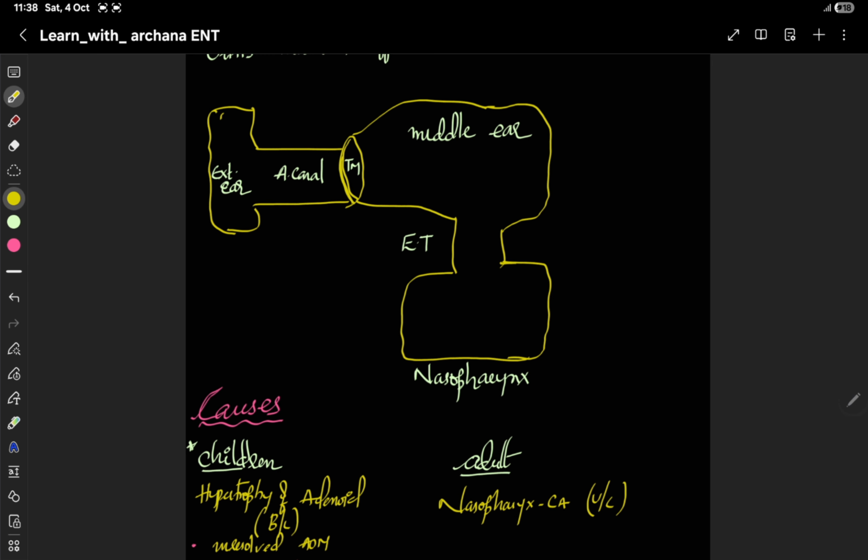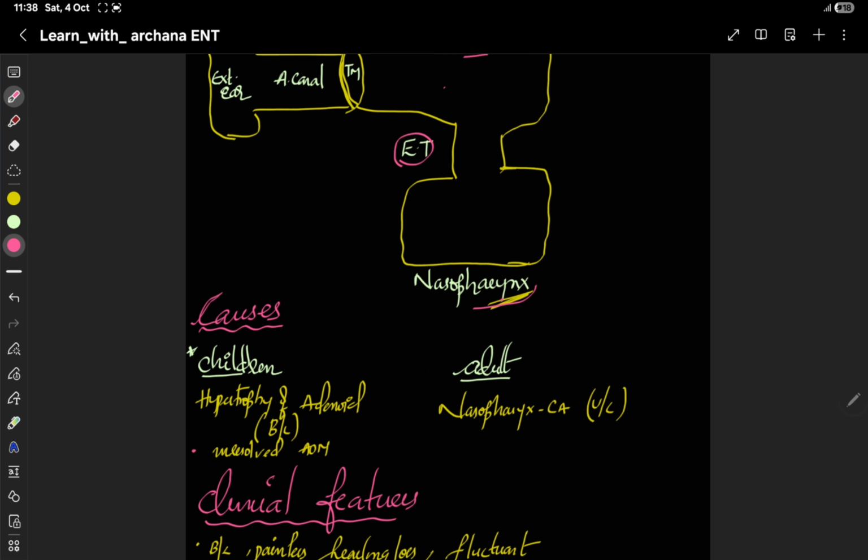Okay, so whenever there are any issues happening in the nasopharynx, this will lead to blockage of the eustachian tube, and this will lead to effusion in the middle ear. First one is hypertrophy of the adenoid. The adenoid is centrally located, right?